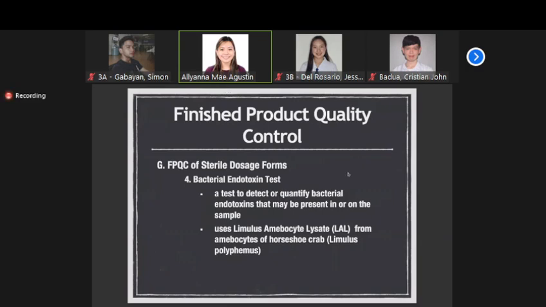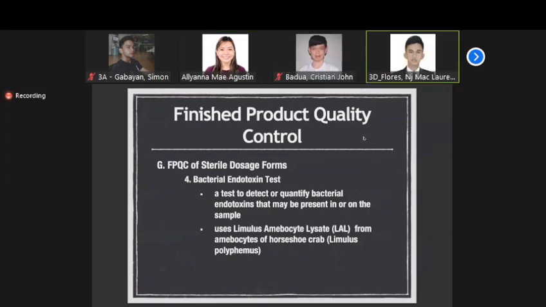It is in vitro. We do this in a test tube.